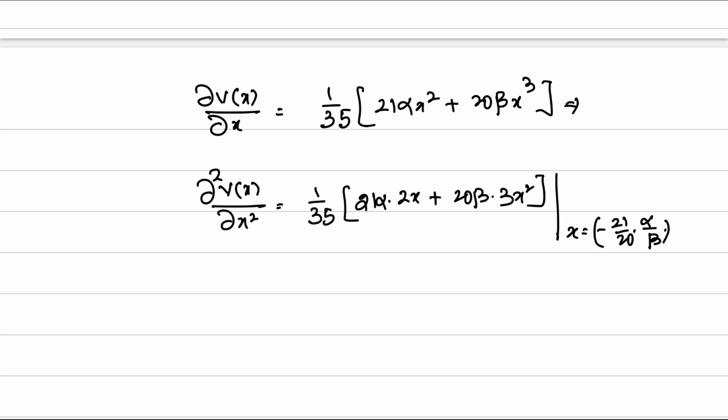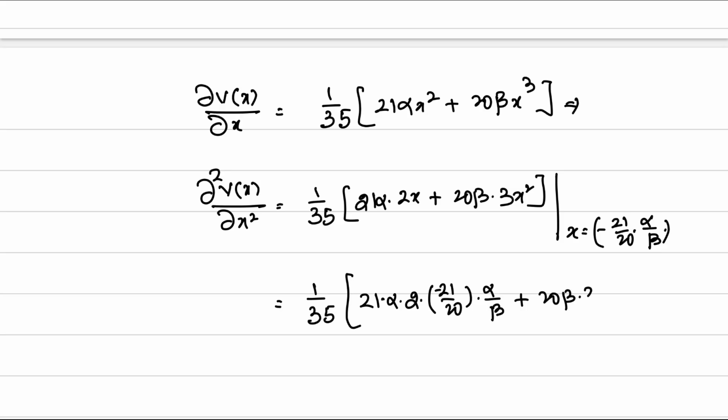You put this value. Then it becomes 1/35, 21 alpha into 2 into minus 21 by 20 into alpha by beta, plus 20 beta into 3 into minus 21 by 20 whole square into alpha square by beta square.